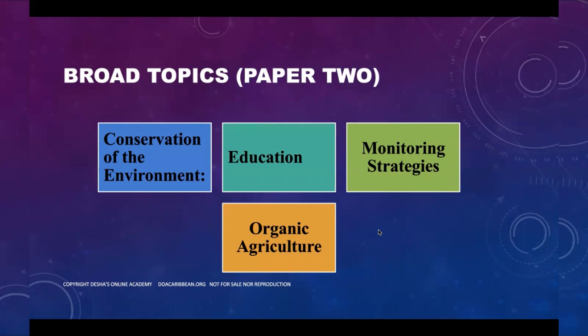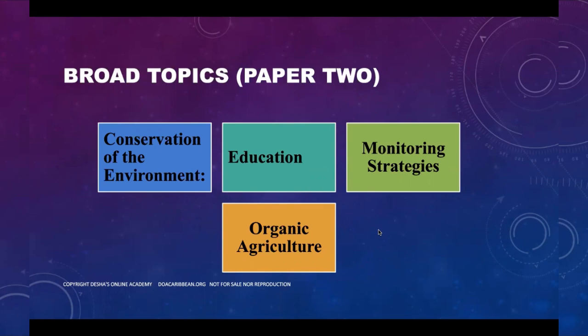All right, next topic, conservation of the environment. And we know that conservation of the environment has to do with these activities that we carry out to protect the environment from destruction, right? To promote sustainability so that we can have the same beautiful environmental conditions available for the next generations.